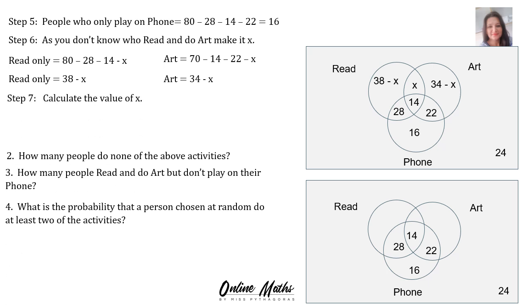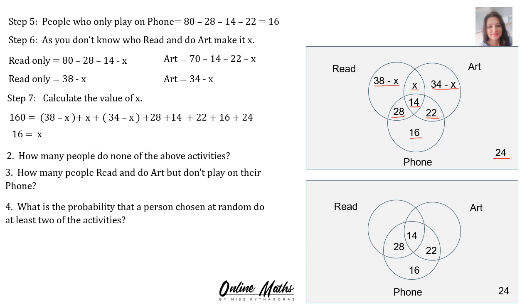And now the next step, let's calculate the value of X. So we do that by saying it's 160, which is the total, is equal to 38 minus X plus 34 minus X plus 28 plus 14 plus 22 plus 16 plus 24. And when we solve for X there, we get X is equal to 16.